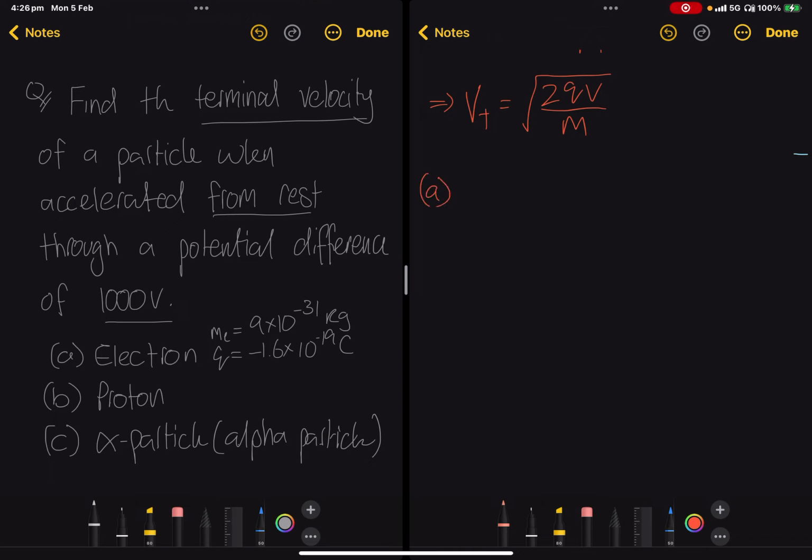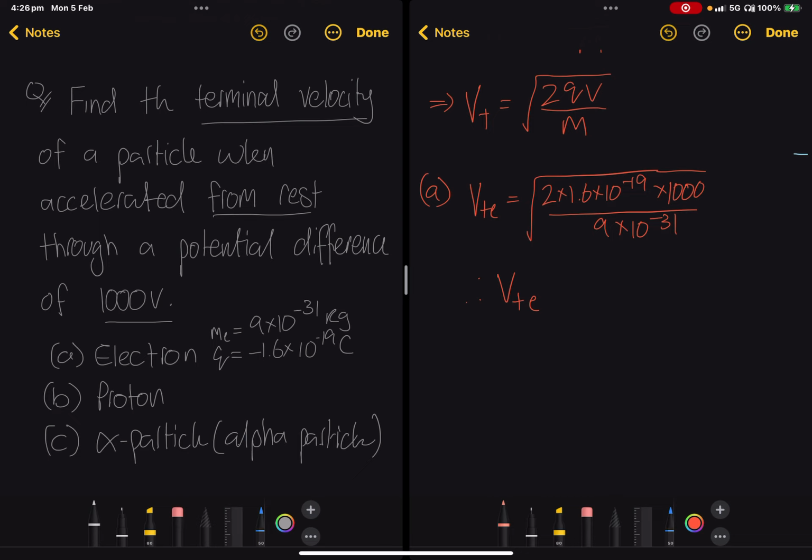So we'll do the electron first. So the terminal velocity for the electron is equal to the square root of 2 times 1.6 times 10 to the minus 19 multiplied by 1000 divided by the mass, which is 9 times 10 to the minus 31.